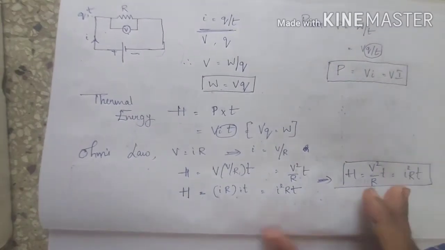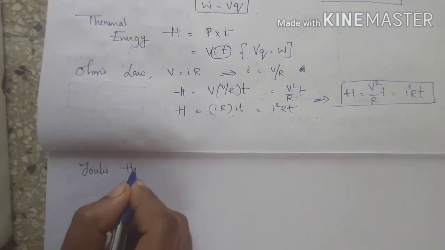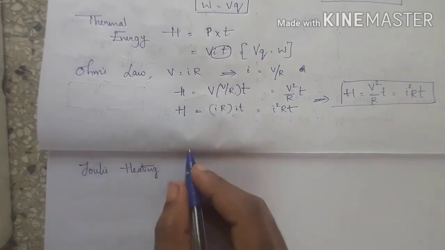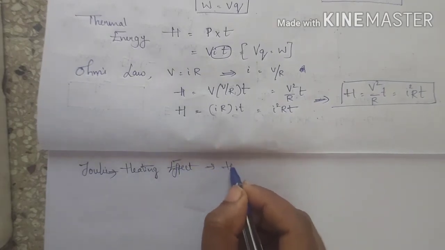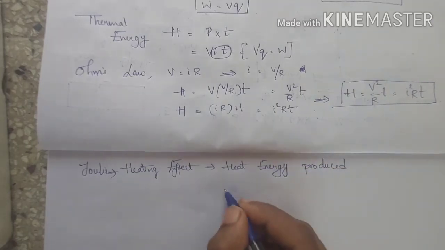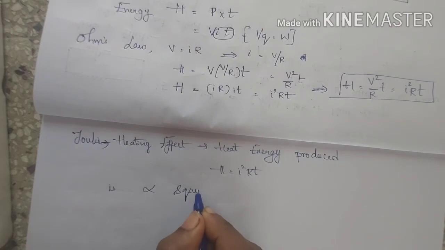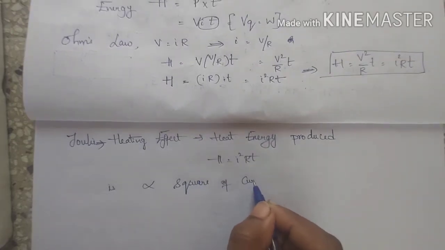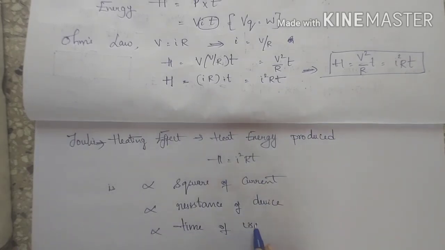From this formula, we can define Joule's heating effect: the heat energy produced, let us use this formula, is directly proportional to the square of current, directly proportional to the resistance of the device, and directly proportional to the time of usage.